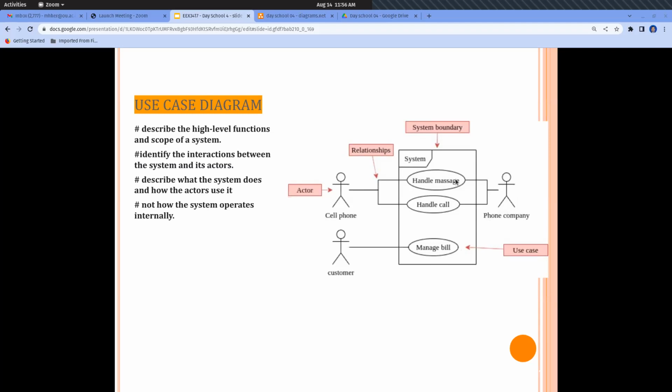The phone company relates to these use cases, handle message and handle call. These actors are only external to the system.